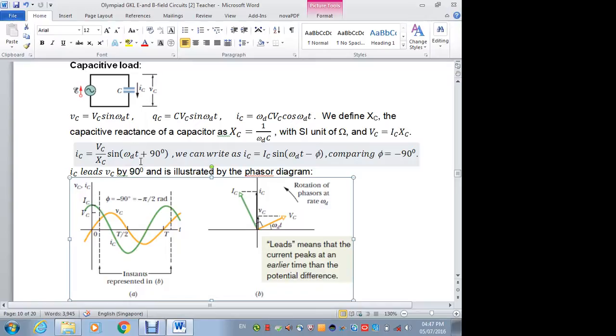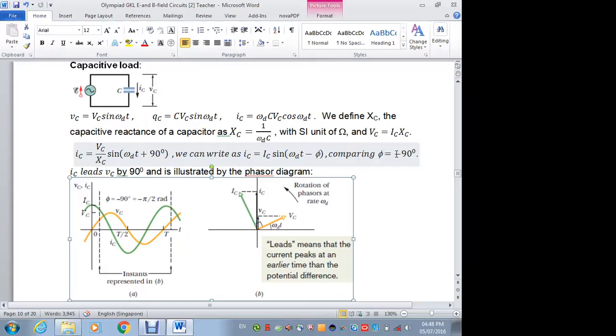You want to make it sine because you want to compare the sine function with the voltage. Sine and sine is easier to compare, so you can compare the phase angle of IC and the phase angle of VC. See how they compare. So we can write IC is equal to big IC sine omega t minus phi. You compare, and you will get phi equals minus 90.